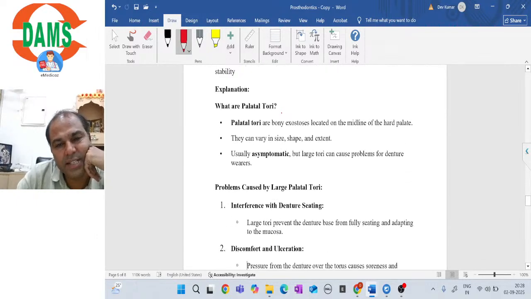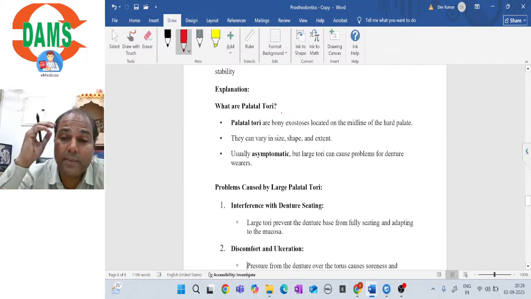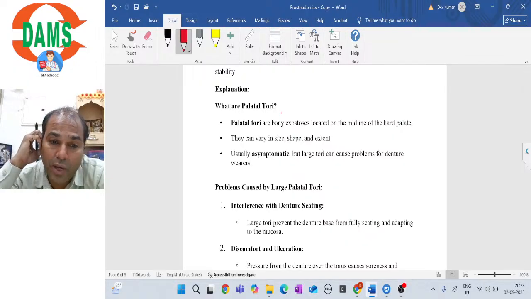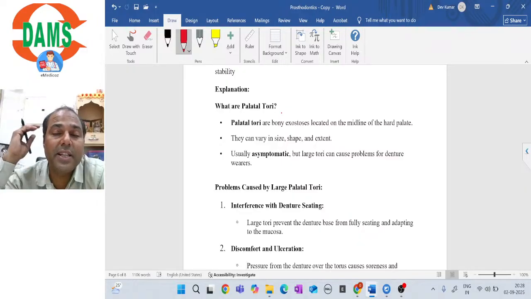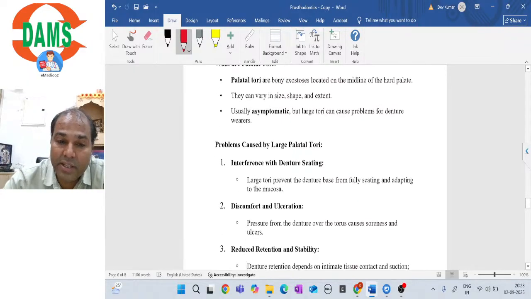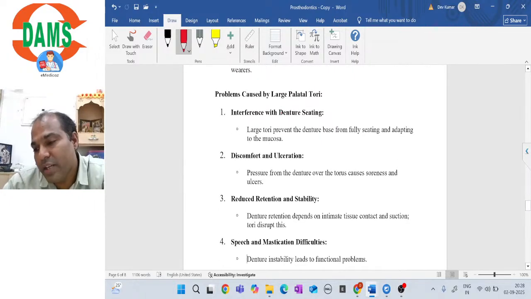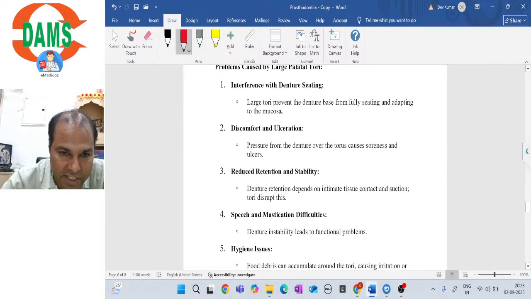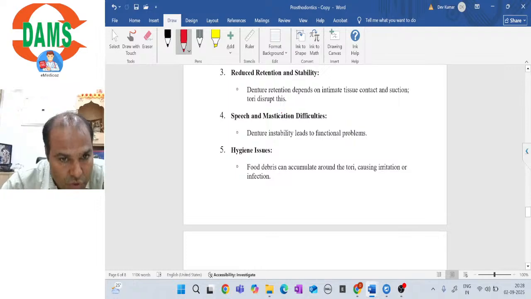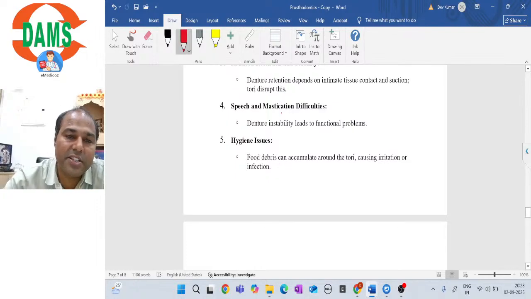ठीक है, normally it is asymptomatic. Okay, but if it requires a denture, a completely edentulous patient or a cast partial, then it will lead to problem in speech, it will interfere in the denture seating, there will be patient discomfort, as I told, ulceration, and because of the intimate contact, it's a very hard structure, there will be some speech and masticative difficulties, hygiene issues, reduced mastication efficiency, and all of these will be a problem.